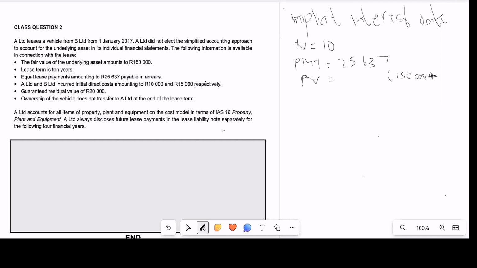The lessor, which is ALTD, incurred 10,000. Let me see, ALTD was 10,000. So it's basically going to be 10 or 15.